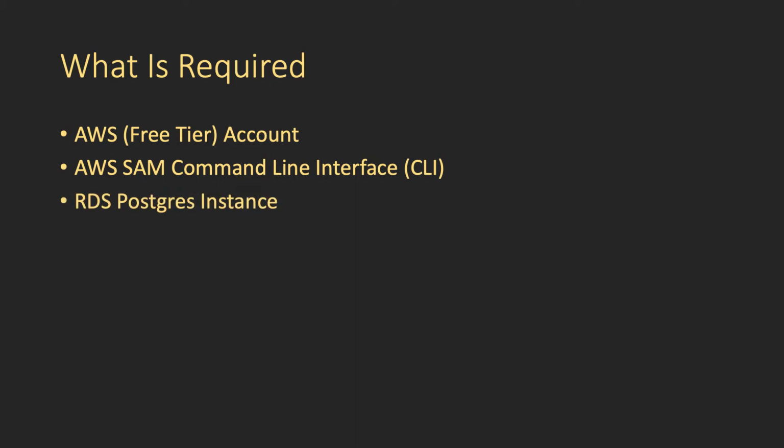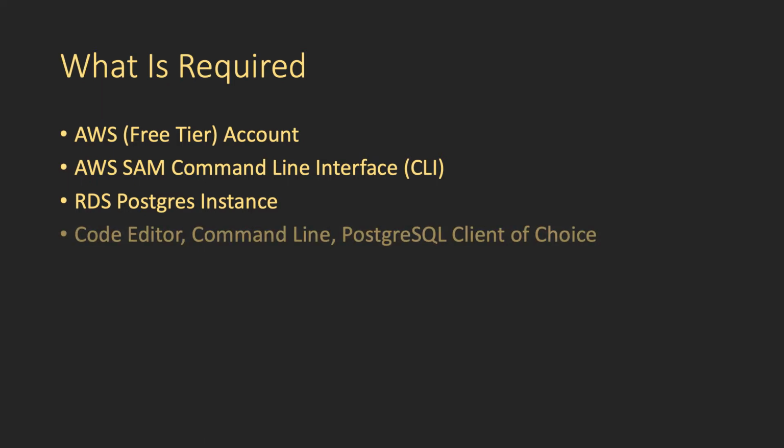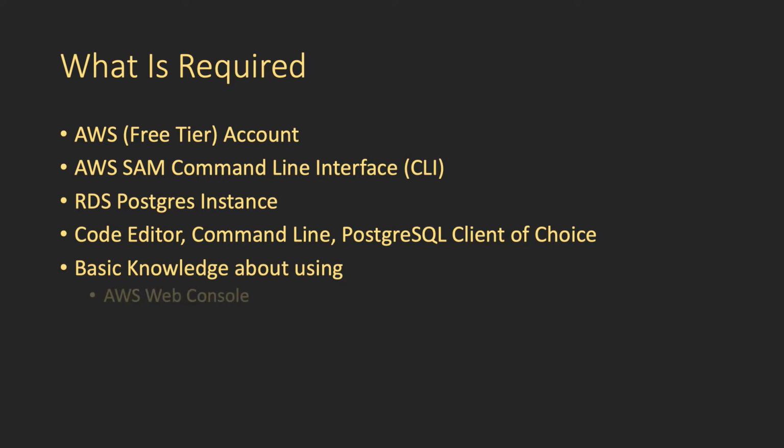Inside AWS, you need an RDS Postgres instance, and of course, a code editor, a command line tool, and a PostgreSQL database client of your choice. It would be good to have some basic knowledge about using the AWS Web Console, AWS SAM, and ideally basic Python and PG/SQL knowledge.